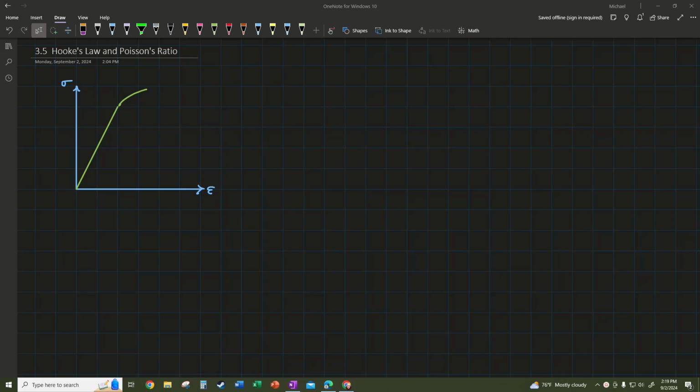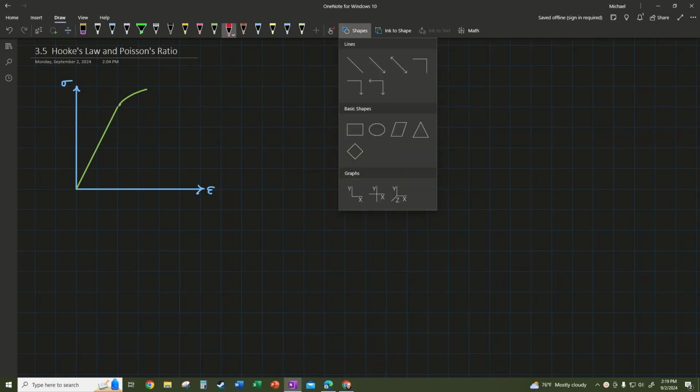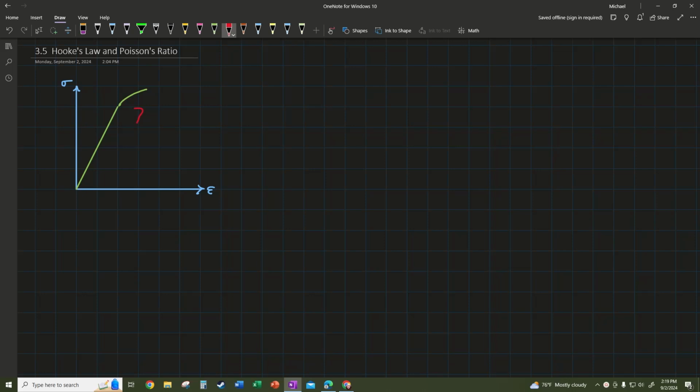Materials like steel that have a pronounced linear elastic region can be characterized as Hookean materials and follow Hooke's law.